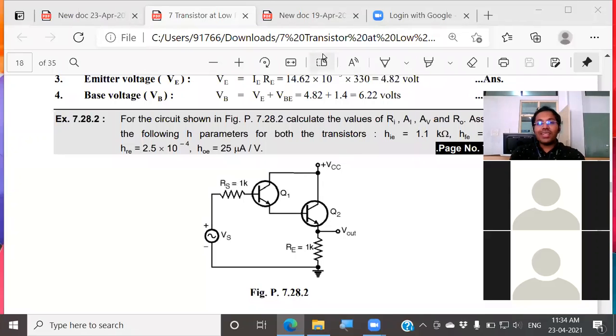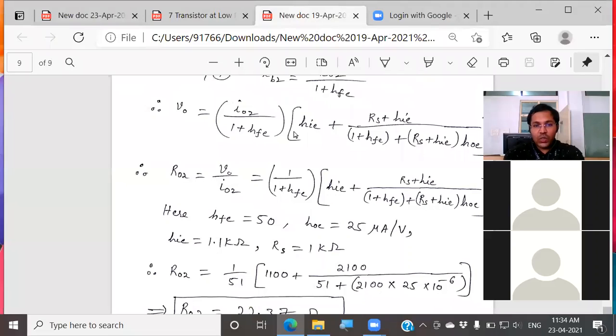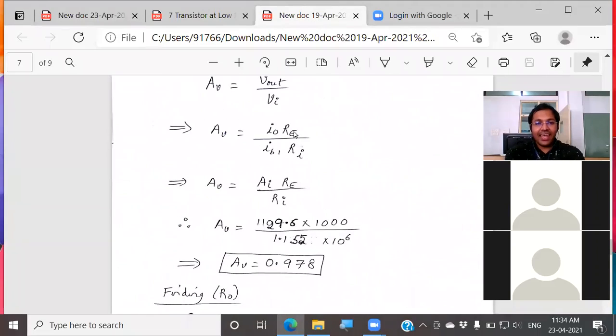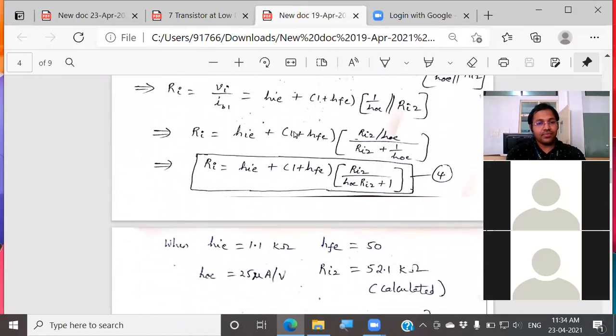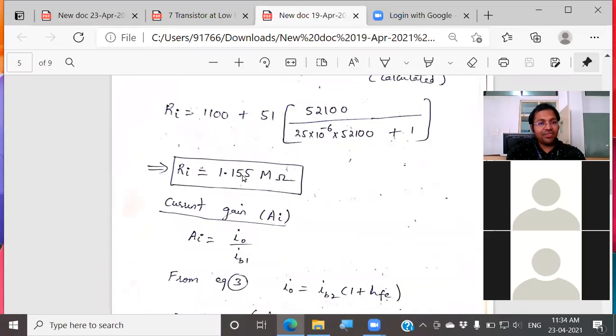Yesterday we obtained values. Input resistance is very high. What is the input resistance we got? 1.155 mega. Mega is 10 power 6. 1.155 into 10 power 6 ohm, a very large value.